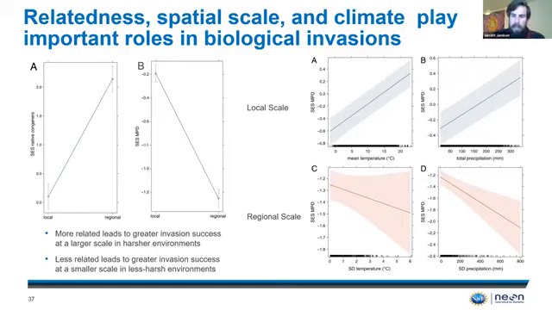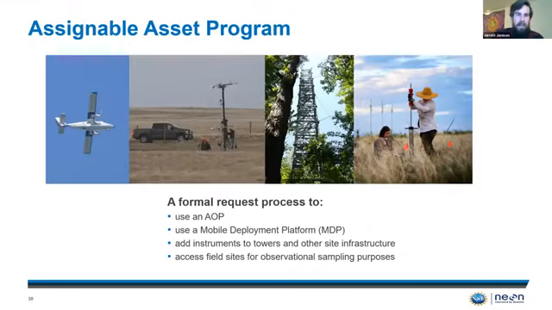And with that, I will pass it back to Jake for just a moment to talk about a few more things. Cool. Yeah, thanks, Jarrett. I just wanted to do a quick plug for our Assignable Assets program, which is a formal request process to book an AOP flight, like we've been mentioning, so you can get some LiDAR data for yourself.